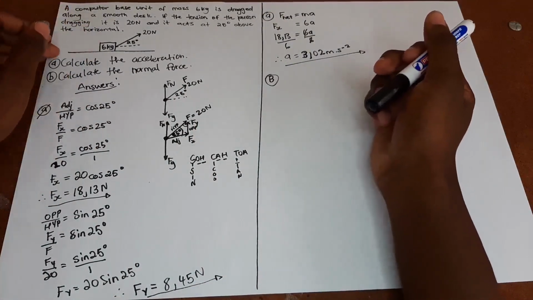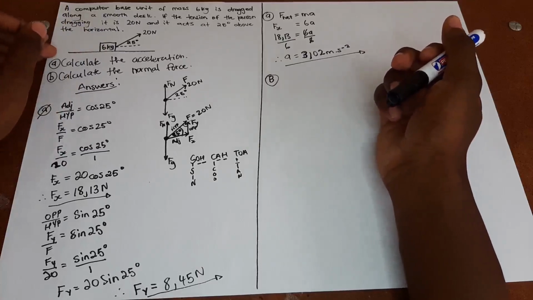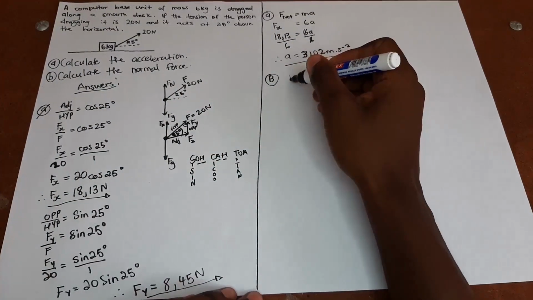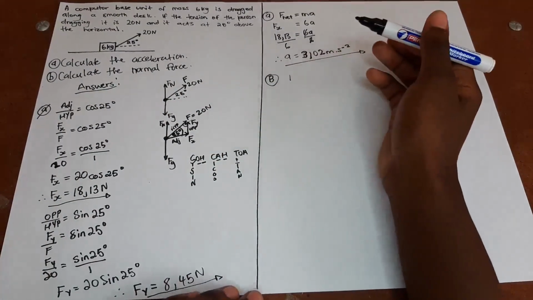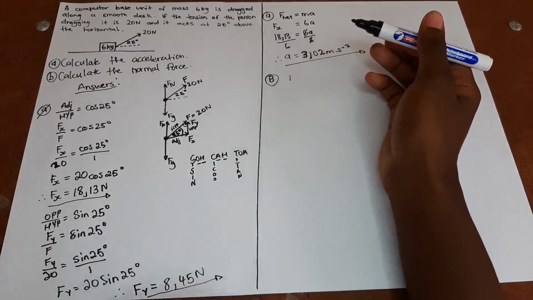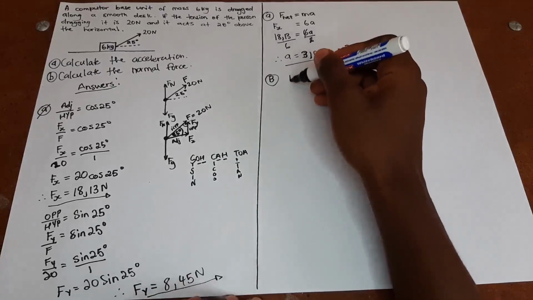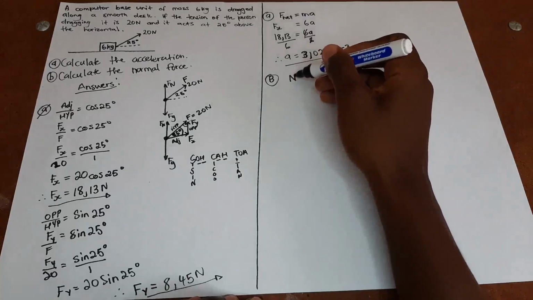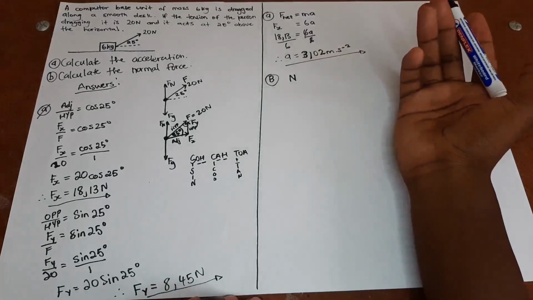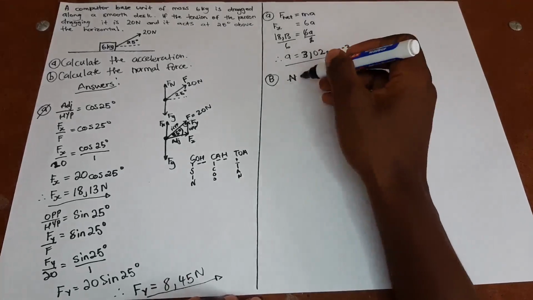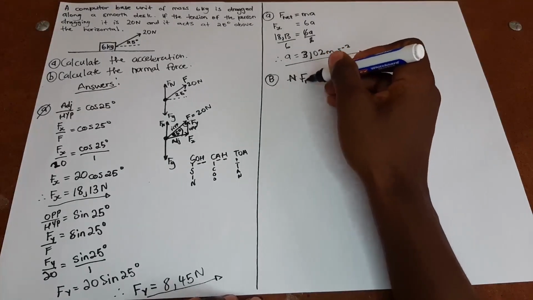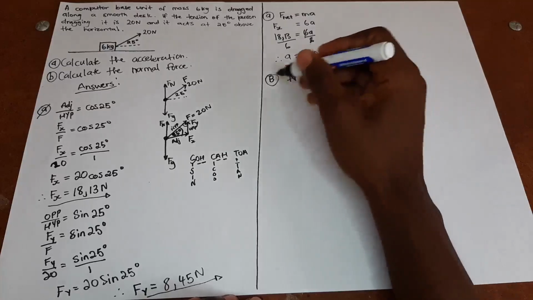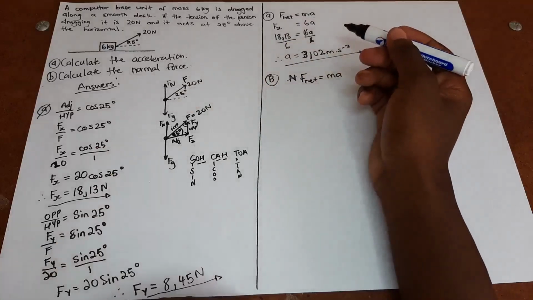In order for us to calculate the normal force, let me put it simple: F net is equal to ma. What are all the net forces acting on that 6 kg block?